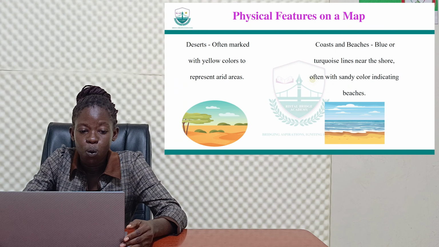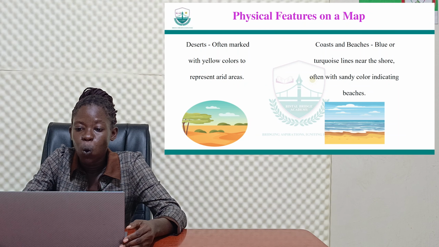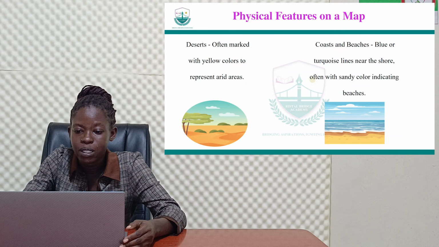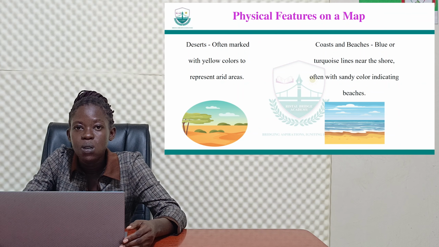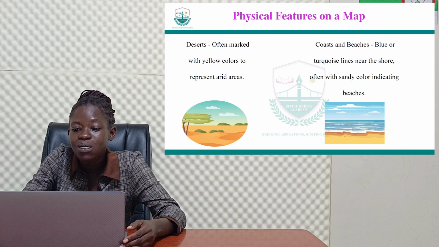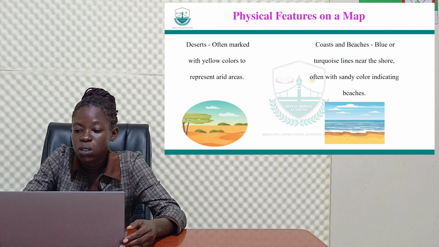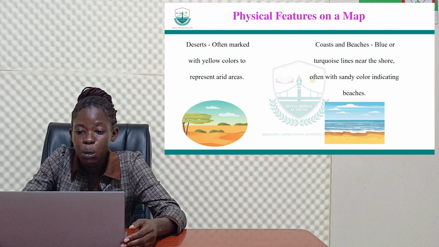Then we have deserts, often marked with yellow colors to represent arid areas. Then also we have coasts and beaches. These are usually represented with blue or turquoise lines near the shore, often with sandy color indicating beaches.